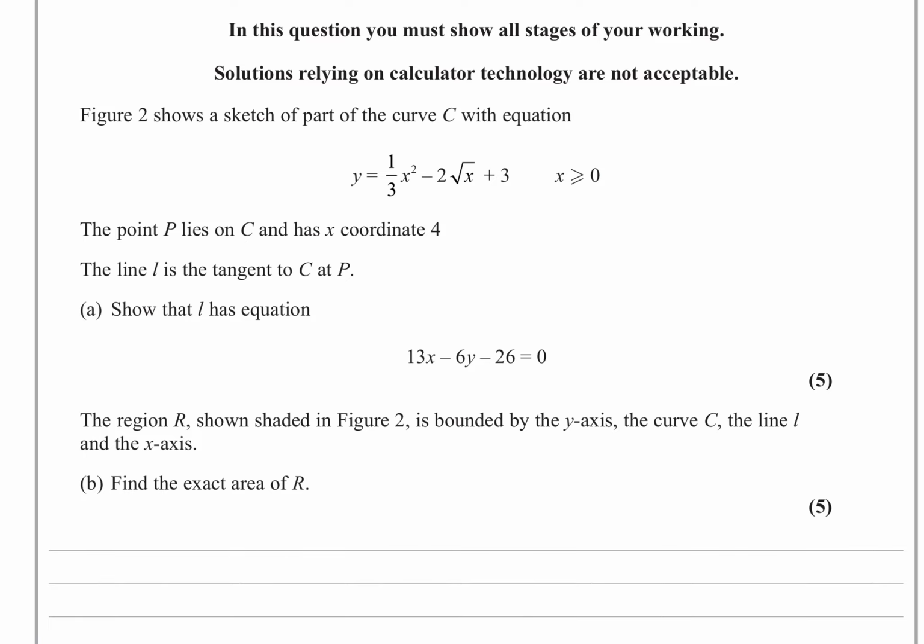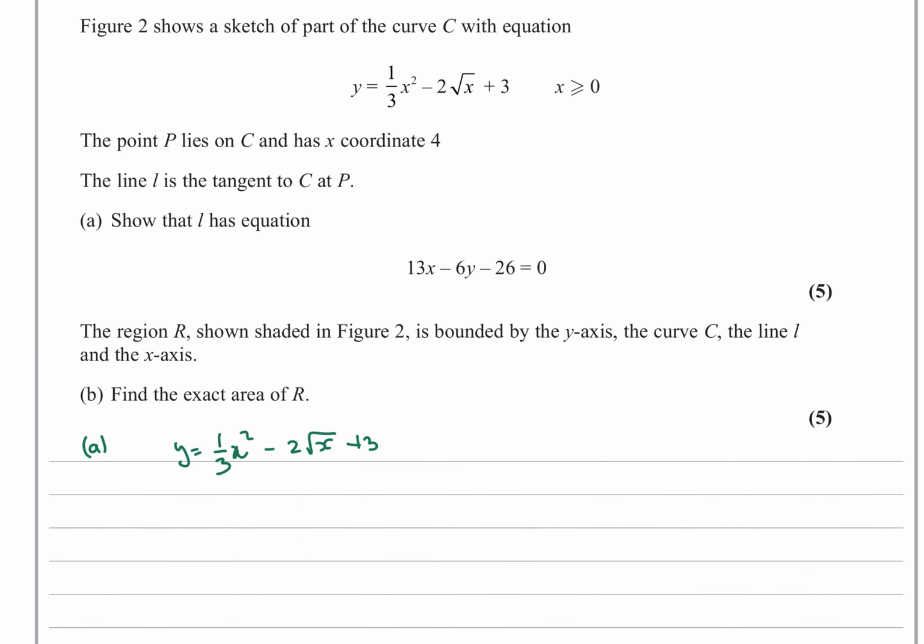So to work out the answer to part A, I'm going to write y equals 1 over 3 x squared minus 2 root x plus 3. Now if I differentiate this with respect to x, dy over dx is equal to 1 over 3 times 2x, minus 2 times half times x to the power half minus 1, that's minus half, and plus 3 is 0, being a constant.